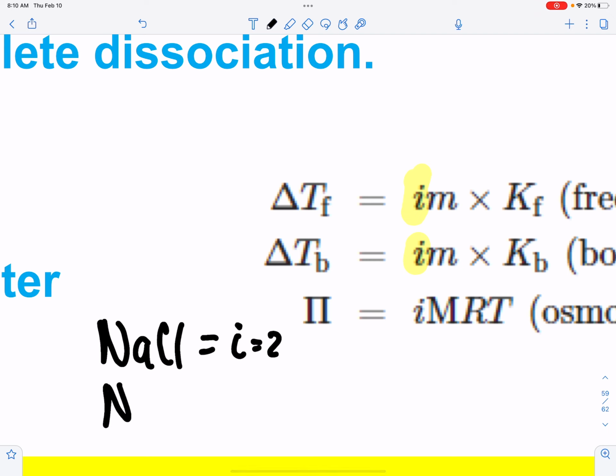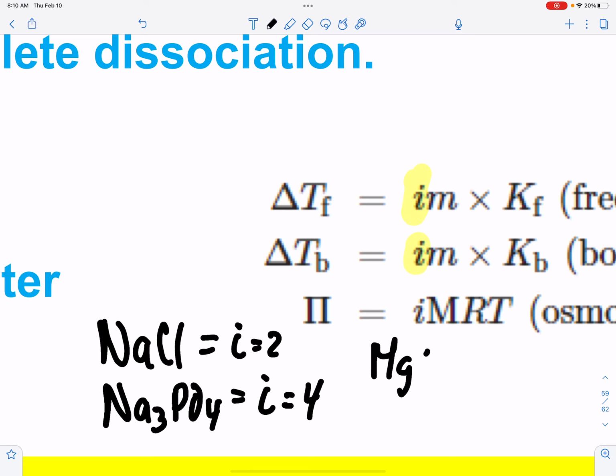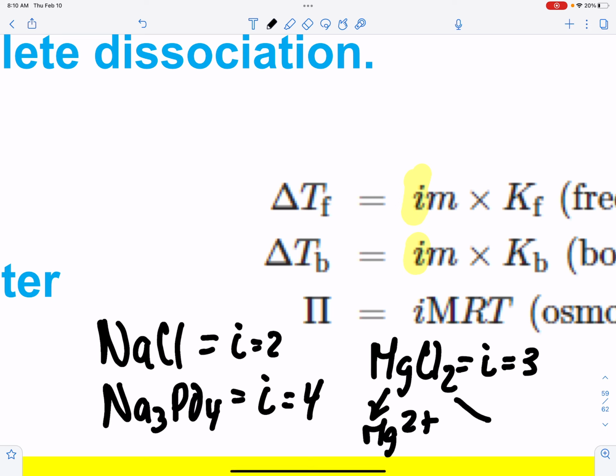If I have sodium phosphate, the van 't Hoff factor is going to be 4. If I have magnesium chloride, the van 't Hoff factor is going to be 3 because it's going to break into 1 magnesium and 2 chlorides. So the van 't Hoff factor, very rough approximation, is the number of particles.